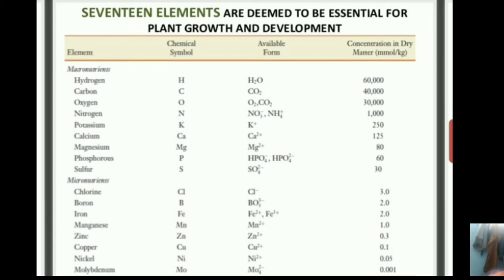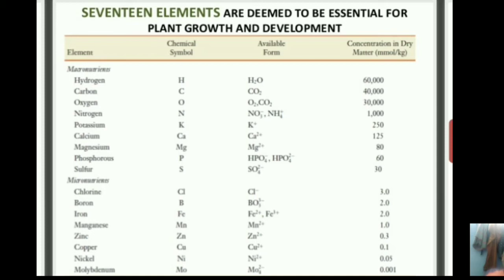The concentration in dry matter, in millimoles per kg, is 60,000. And when we see the carbon source, the source of carbon is carbon dioxide, which is available in the air. It is 40,000 millimoles per kg concentration in dry matter.